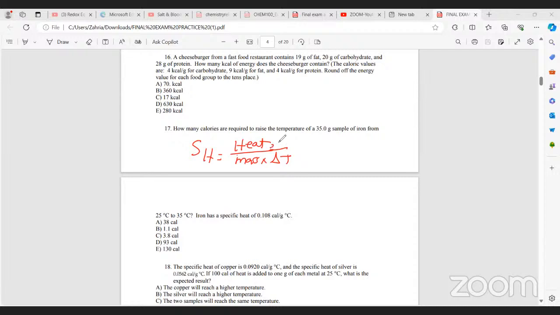You can say joules, which means calories. But in this case, you're looking for the calories, the top number. So because we want to find our heat or our calories, we're going to say the specific heat times the mass times the delta T.